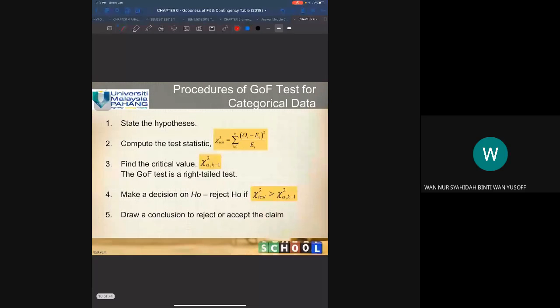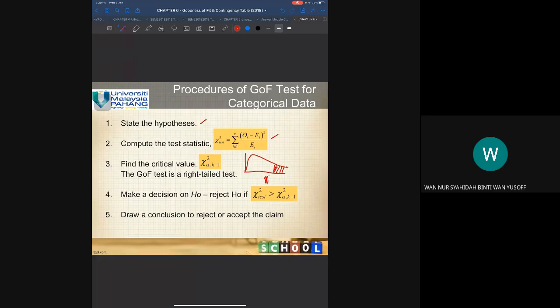So the procedure: state the hypothesis as usual, so we still have 5 steps because of hypothesis testing. Compute the test statistic, but before that we have to do something first. Then find the critical value. For the whole chapter 6, it is a right-tailed test, because chi-square is a positive distribution. So your decision is based on the right-tailed test for the whole chapter 6.